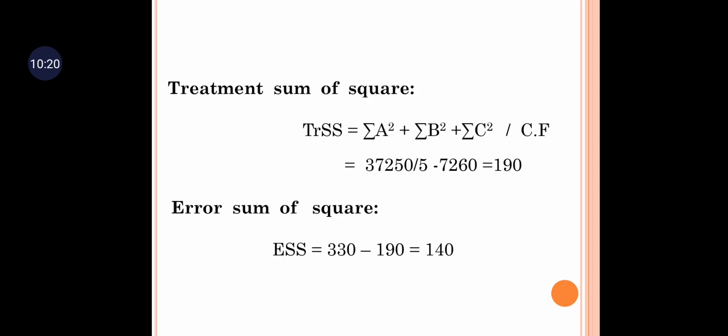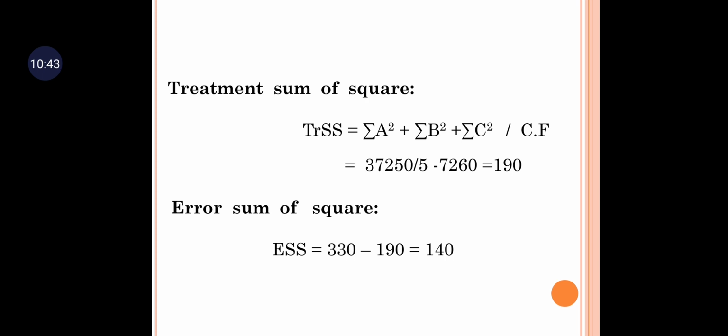The treatment sum of squares, TrSS, is the summation A square plus summation B square plus summation C square, divided by 3, minus the correction factor. There are three varieties of seeds.